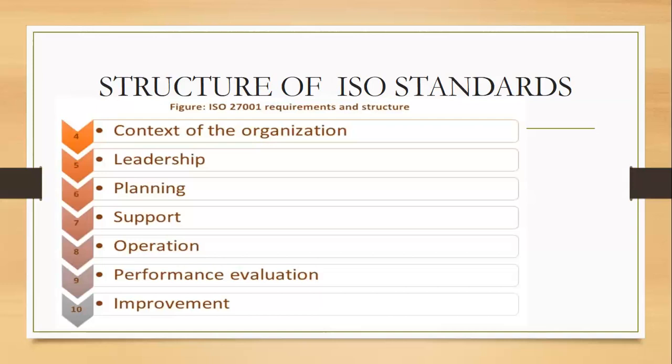I want to be able to see the values of that organization. I want to know where they are, their location. I want to understand their industry. I want to understand the challenges they are facing in that organization. That is the essence of clause 4. And that is what you as an auditor are looking for objective evidence for.